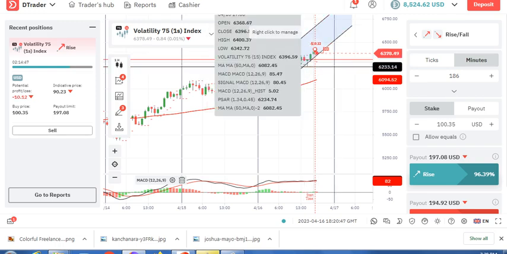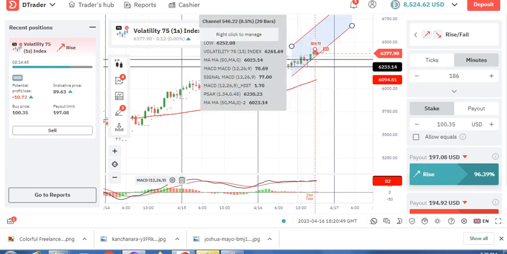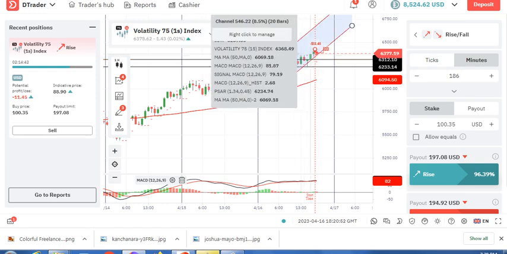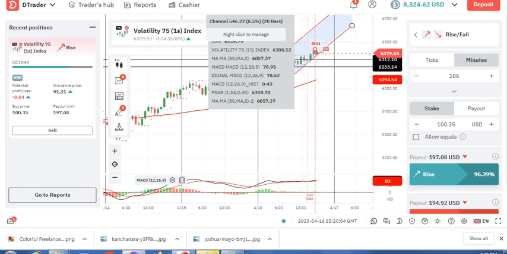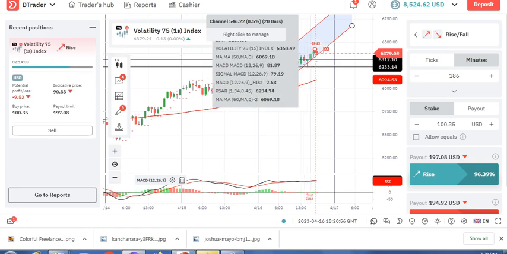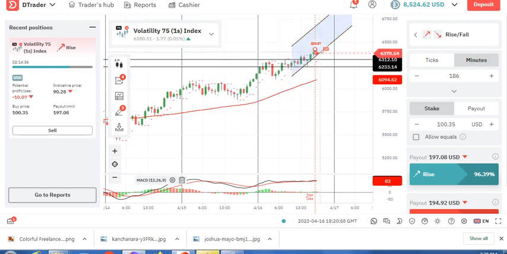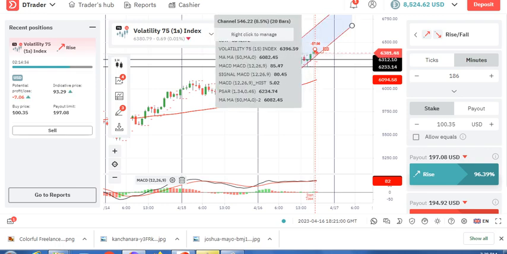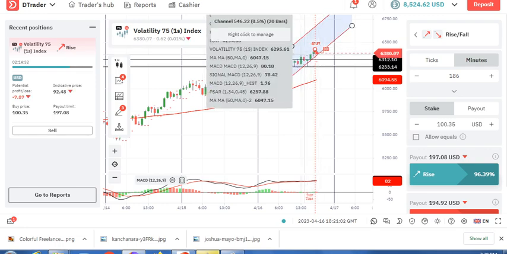But I'm still positive with the analysis, because this resistance that the market has broken has formed a support to this entry. So this movement now is on a support.